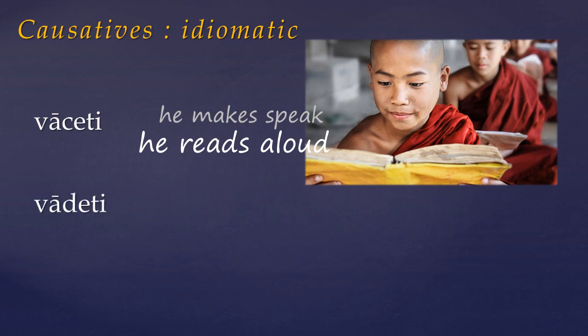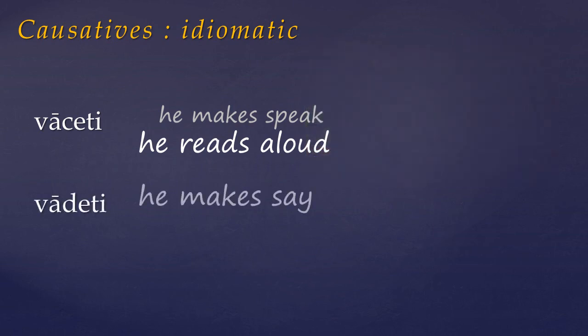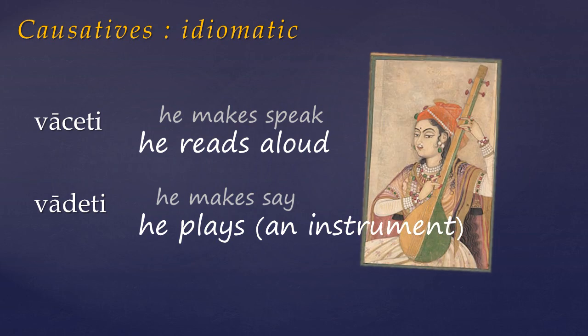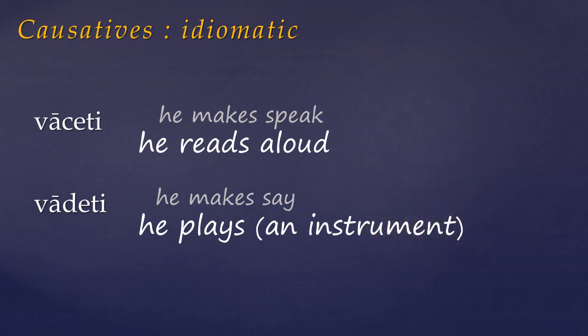Whilst from the verb vad, to say, the straight causative would be he makes say, but it's used to mean he plays an instrument. In effect, he makes the instrument talk. So it's always a good idea to look up any causative verb in the dictionary before you make a judgment on its meaning.